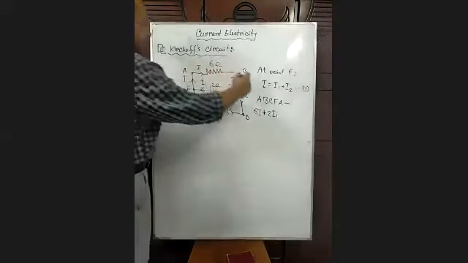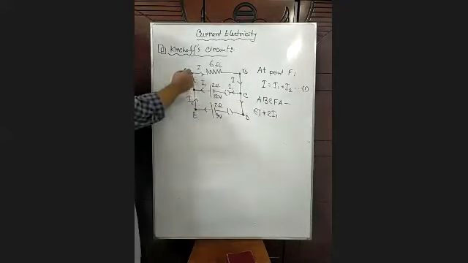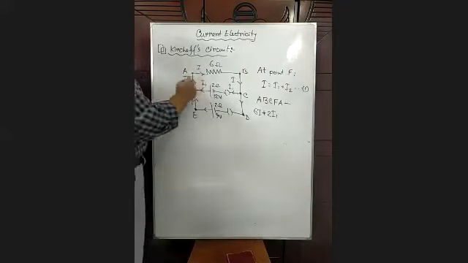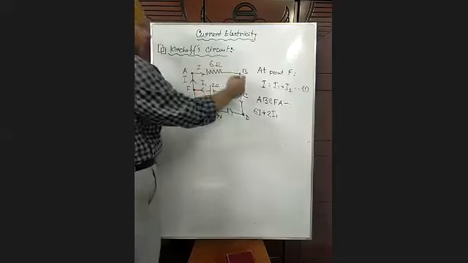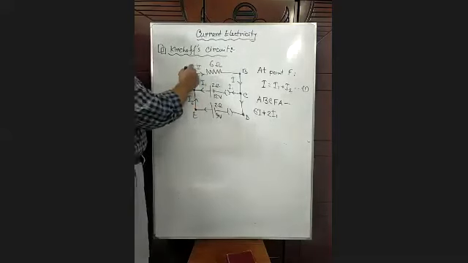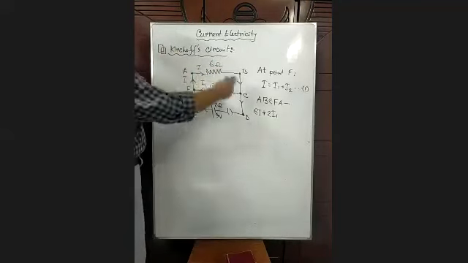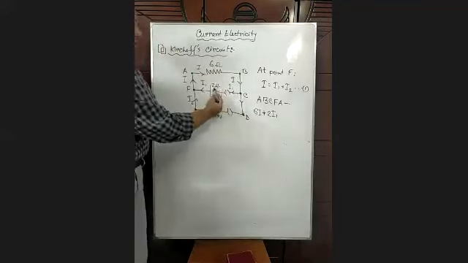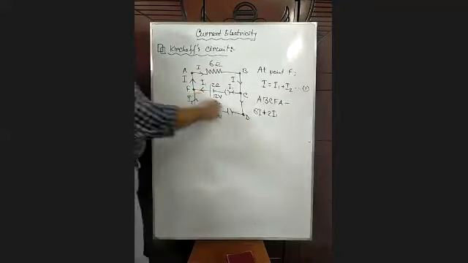And finally, when I go from point F to A, there is current I, but there is no resistance here, so I can ignore this part. So starting from point A and reaching point A again, I can say 6I plus 2I1 is equal to, there is a cell included in it, 12.